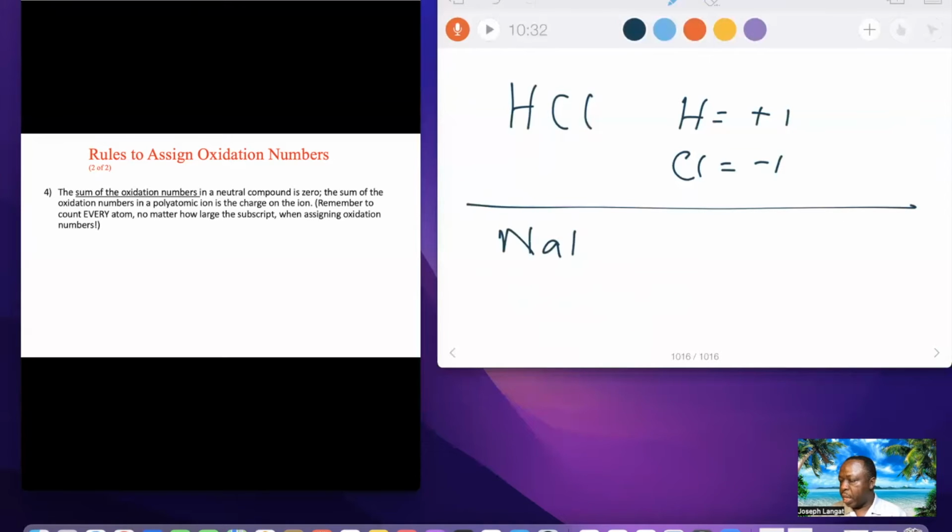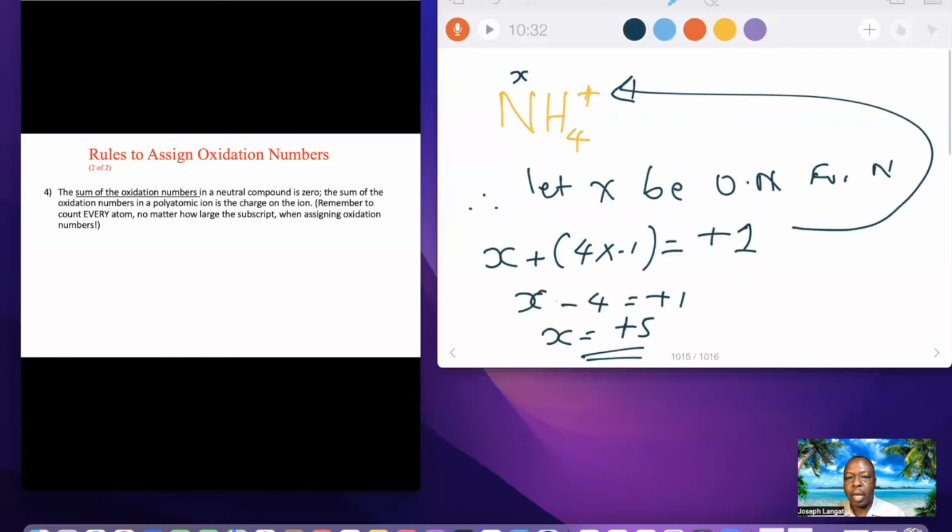But if it is NaH, sodium hydride, sodium equals +1, hydrogen equals -1. So it keeps on changing. Hydrogen is unique, remember that, when to assign positive and when to assign negative. Therefore, I had to assign negative in the ammonium ion, a polyatomic cation, and then you equate to the overall charge, all right? You equate to the overall charge.